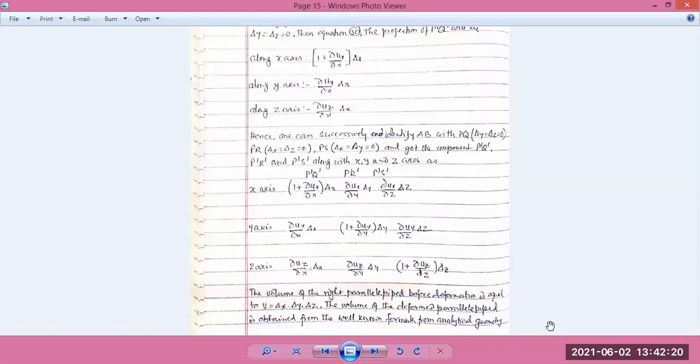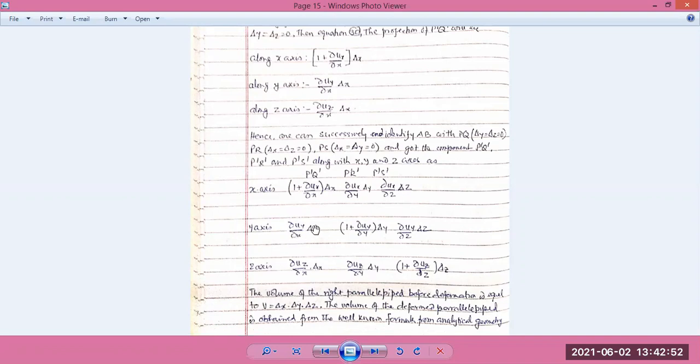Let us see. Along the x-axis, the components of P dash Q dash, P dash R dash, and P dash S dash along the x, y, and z axes. So what will that be? Along the x-axis: 1 plus delta ux by delta x into delta x, delta ux by delta y, delta ux by delta z into delta z.